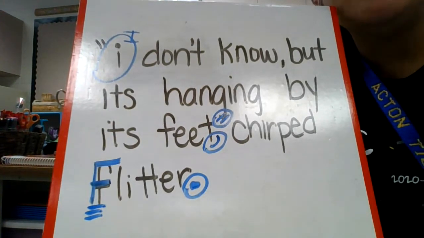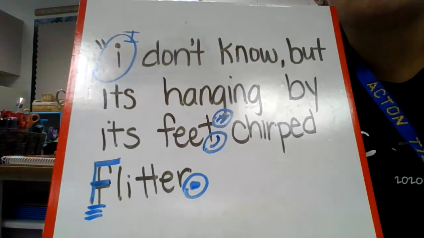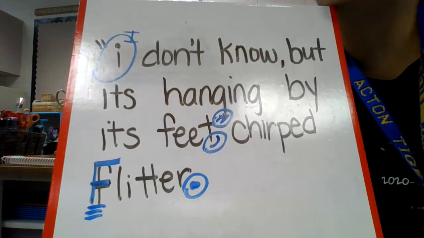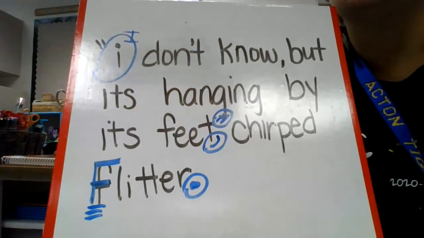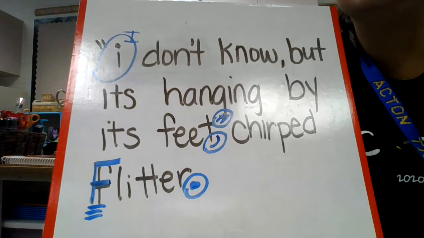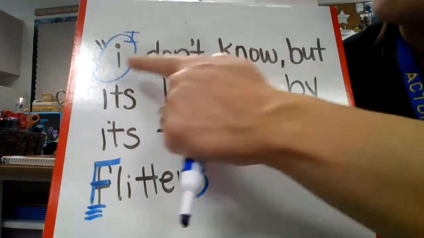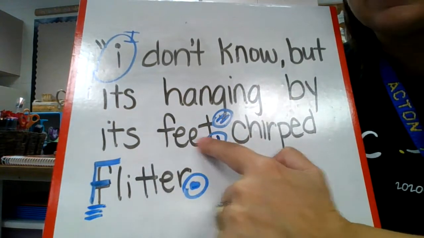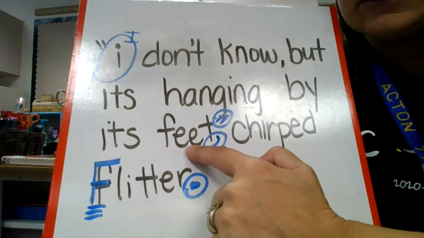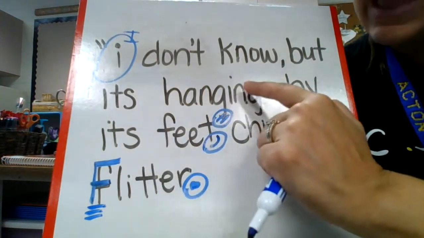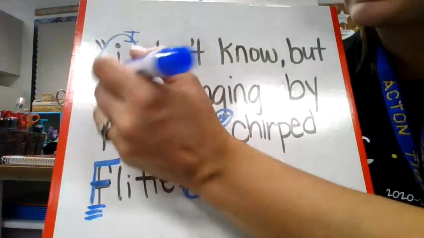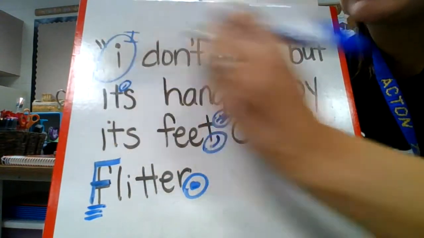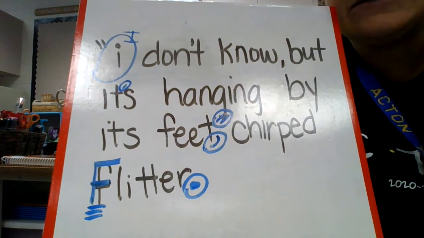A contraction is two words put together, so it's would be it is. So let's see what makes sense. I don't know, but it is hanging by it is feet. Well, that doesn't make sense. It is feet? No. But it is hanging by its feet. That makes sense. So I know the apostrophe is going to go on the first it's.